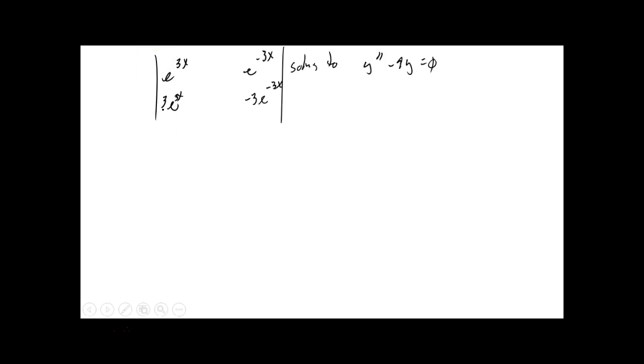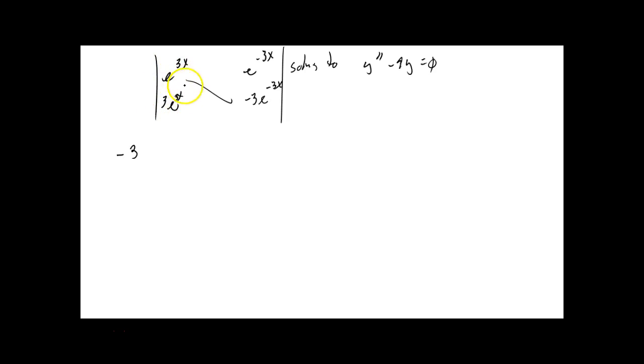All right, let's do our determinant. The down diagonal will give us 3, or minus 3. What's e to the 3x times e to the minus 3x? 1, right? Because the exponents cancel, the x goes to 0, and that's 1.